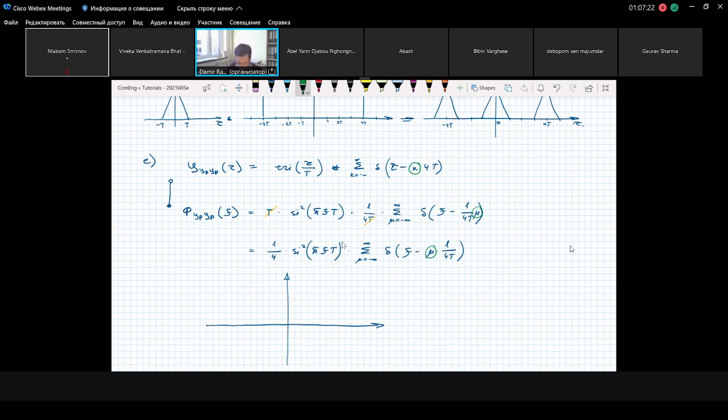Thank you for noticing this, and the final part, we need to plot this power spectral density.